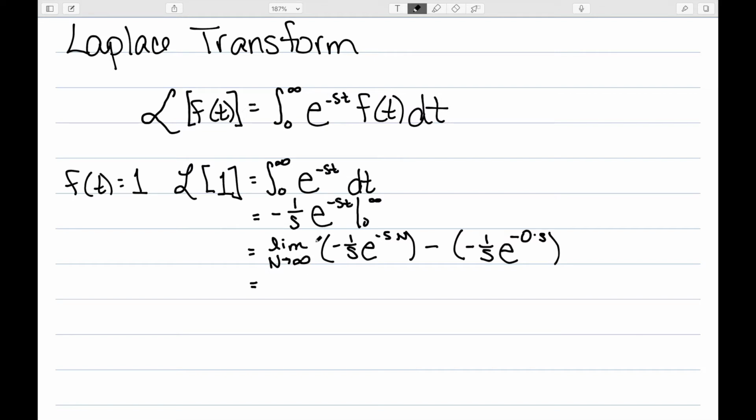The limit as n goes to infinity of e to the minus n is 0, so this whole limit right here will be 0. The double negatives here will make a plus 1 over s, and e to the 0 is 1, so the Laplace transform of 1 is going to be 1 over s.